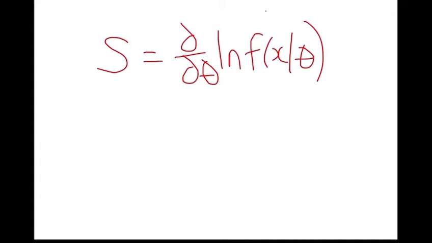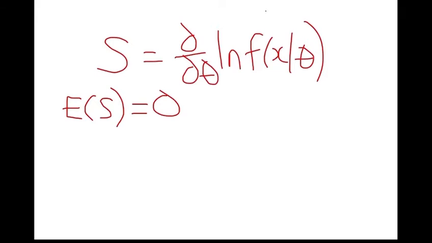Now, if the score function is a random variable, we want to show that the expected value of it is going to be equal to 0. Because I told you the other time, when the expectation of a score function equals 0, it actually means that it does not provide any systematic bias in estimating the parameter.